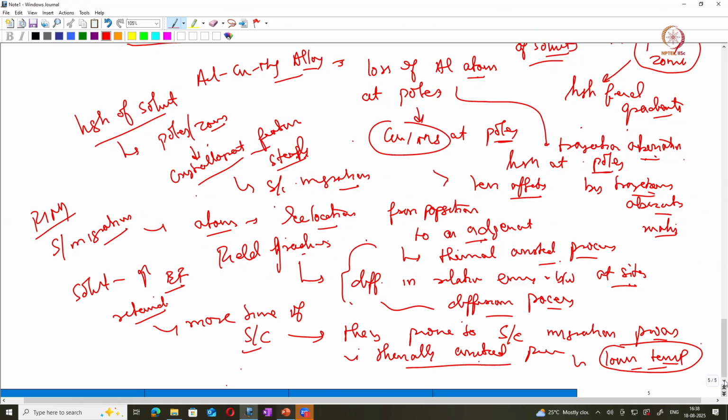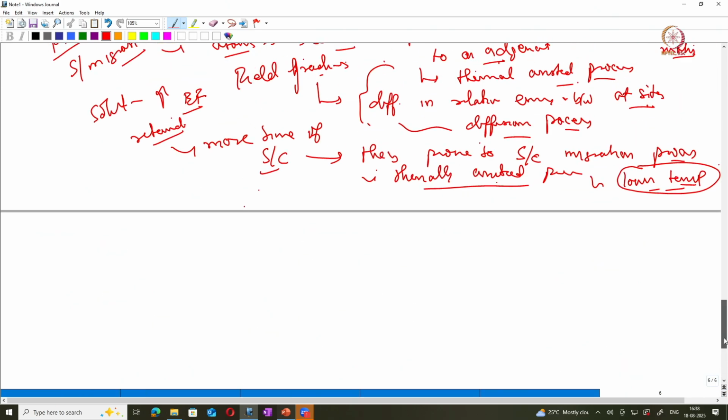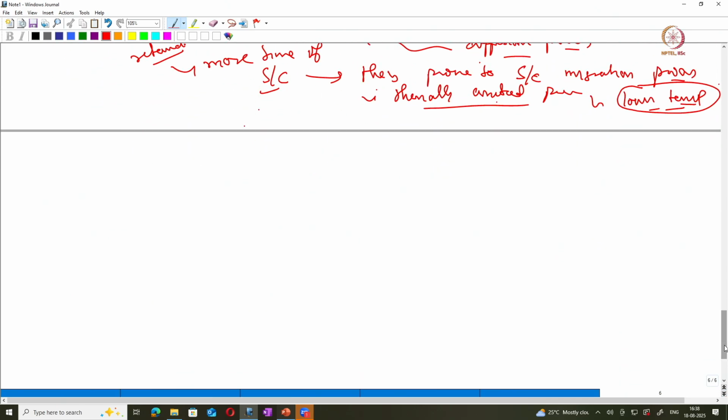Okay, so we discussed in this class that there are different types of artifacts. The first artifact is rollover, which usually happens near the atomic terraces.